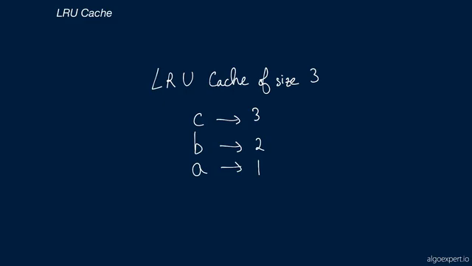But then the LRU part of the cache comes into play when you're asked to retrieve the most recent key, or the most recently accessed key.